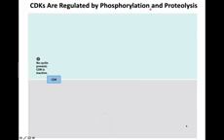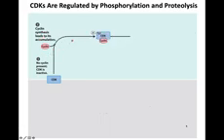Cyclin-dependent kinases are regulated by phosphorylation and proteolysis. As a cell enters mitosis, the M-phase cyclin-dependent kinase is inactive. As cyclin is synthesized, as shown here, the cyclin-dependent kinase complex forms, and as you can see, this complex is inactive.